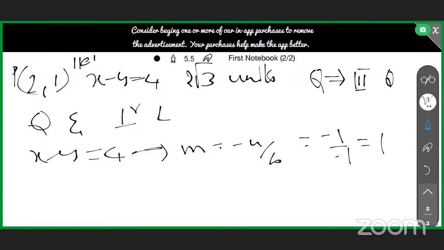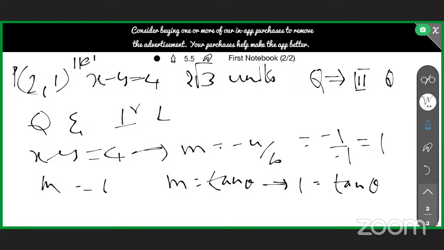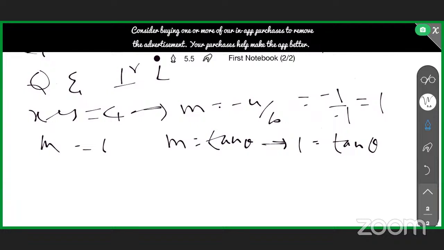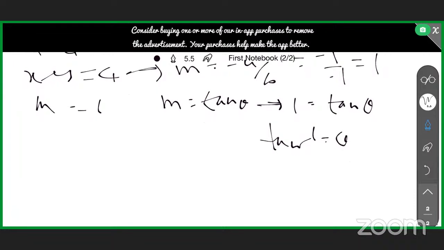So m is equal to 1, and we know that m is equal to tan theta. This implies 1 is equal to tan theta. Therefore, tan inverse of 1 is equal to theta. Tan inverse of 1 is equal to pi by 4. Means my theta is pi by 4.